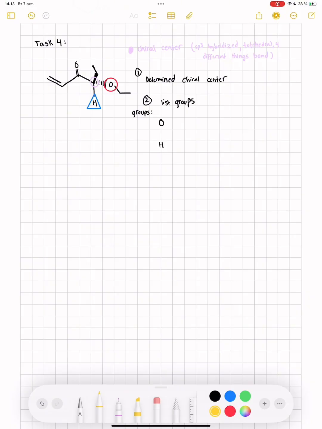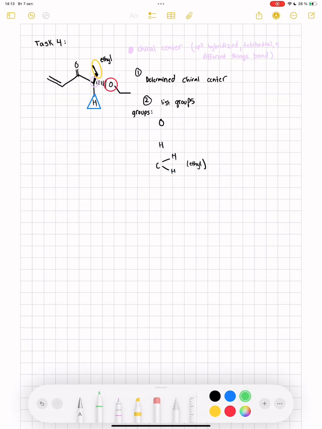Then let's do this ethyl group right here. Now, don't go to where there's a carbon and then 3 hydrogens. We're looking at the center one, so that carbon is attached to another carbon, but within that carbon you have 2 hydrogens. That is what an ethyl group is.